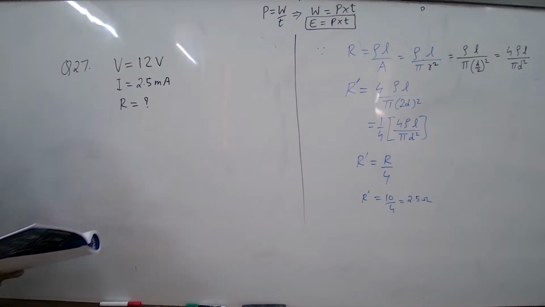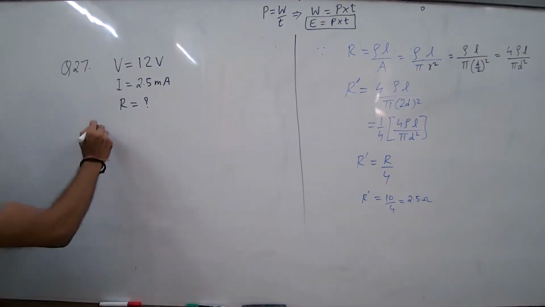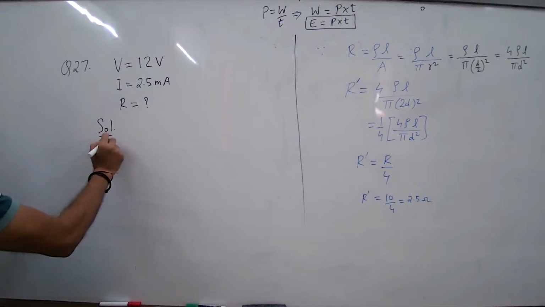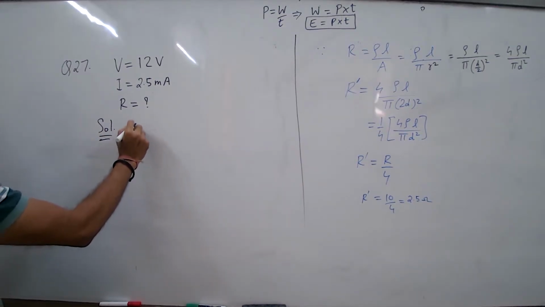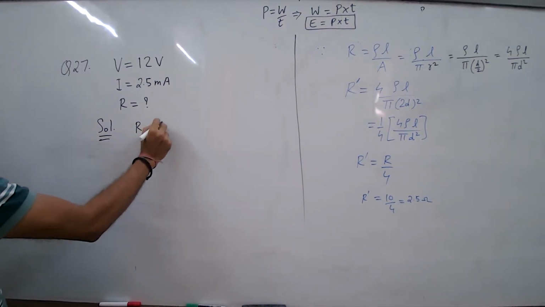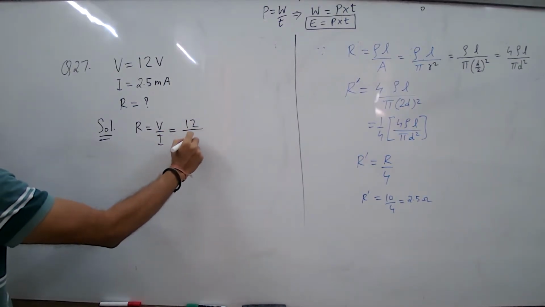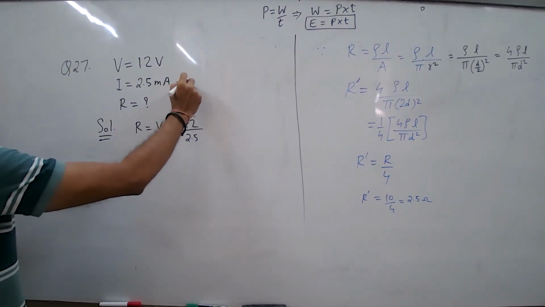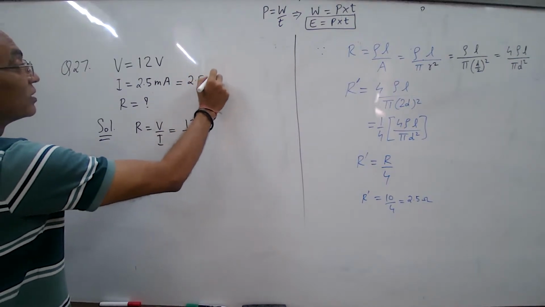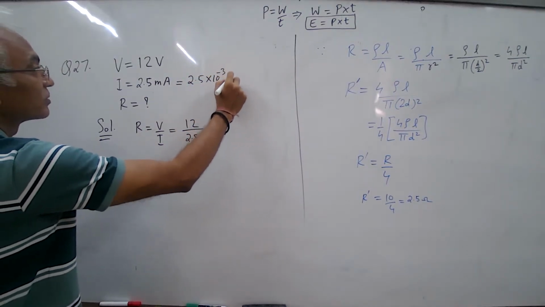How do we solve this? Ohm's law, right? So 12 divided by 2.5. It is milliampere, so convert: 10 raised to minus 3 ampere.